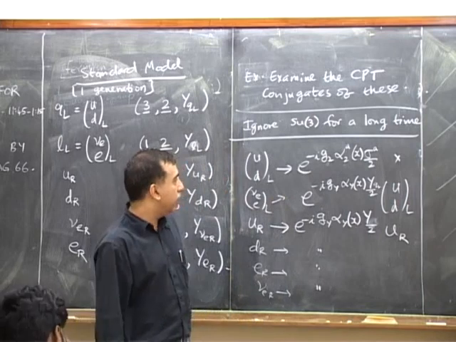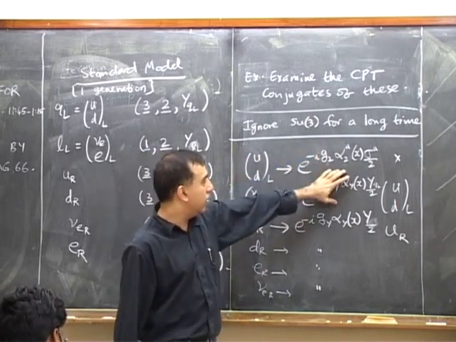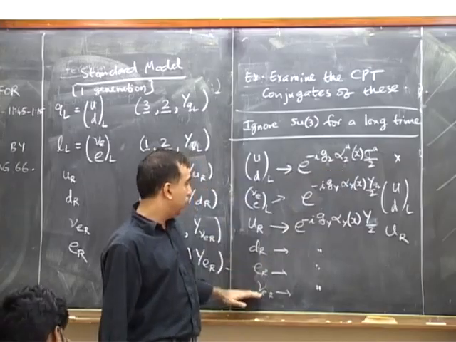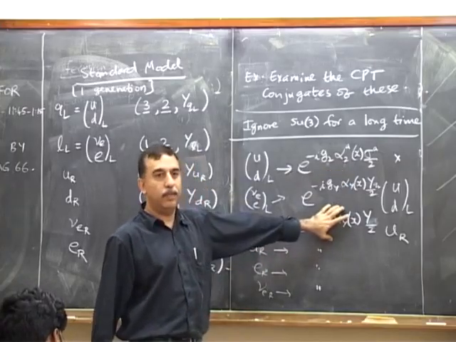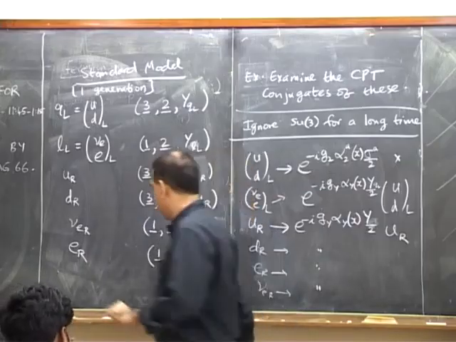So this exhibits very bluntly that the doublets have this factor and this factor under gauge transformations. The right-handed singlets have only the abelian factor under gauge transformations. That's precisely the setup we made.